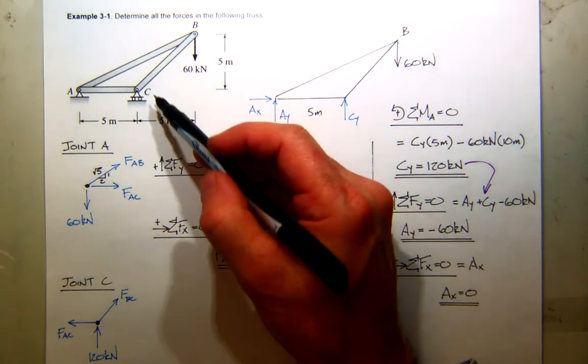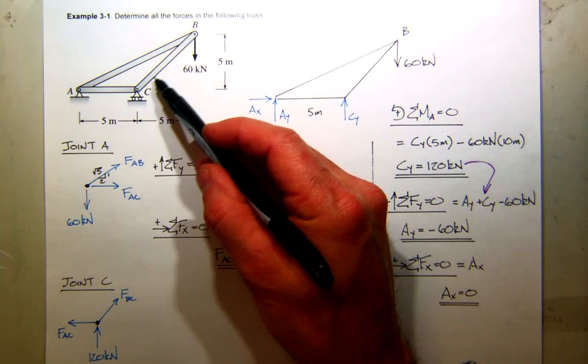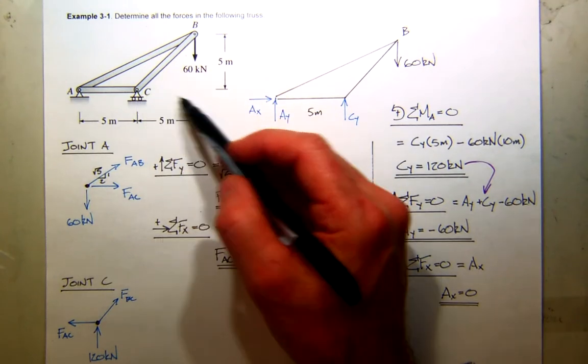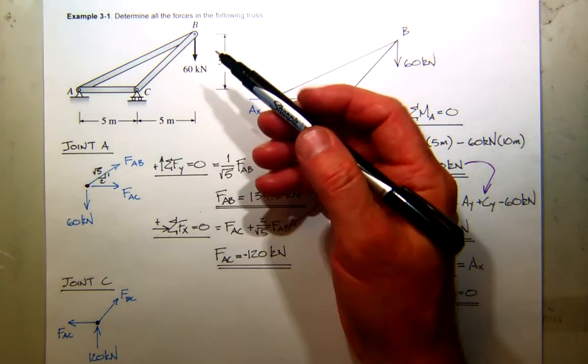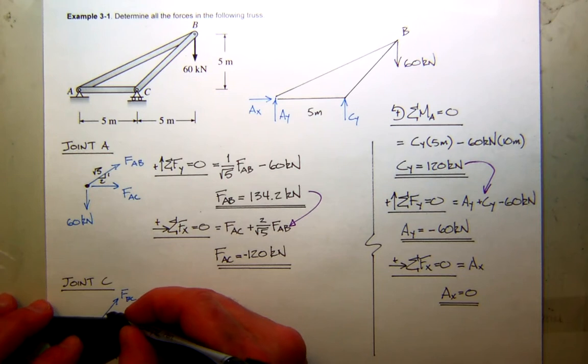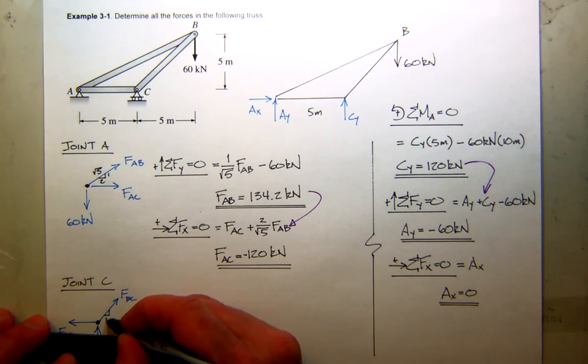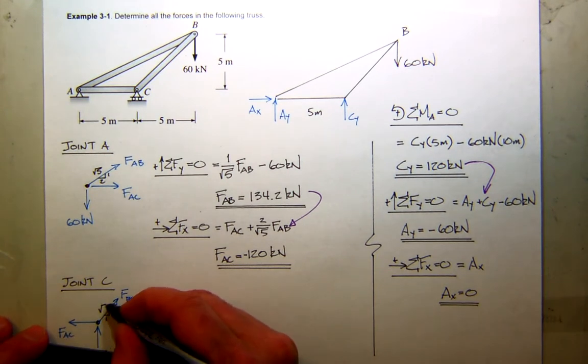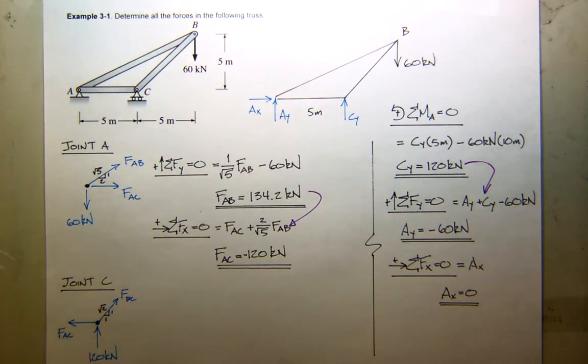And looking at the geometry of the line between C and B, I go over 5 and up 5. That's basically 1 to 1. And then we know the hypotenuse is square root of 2.